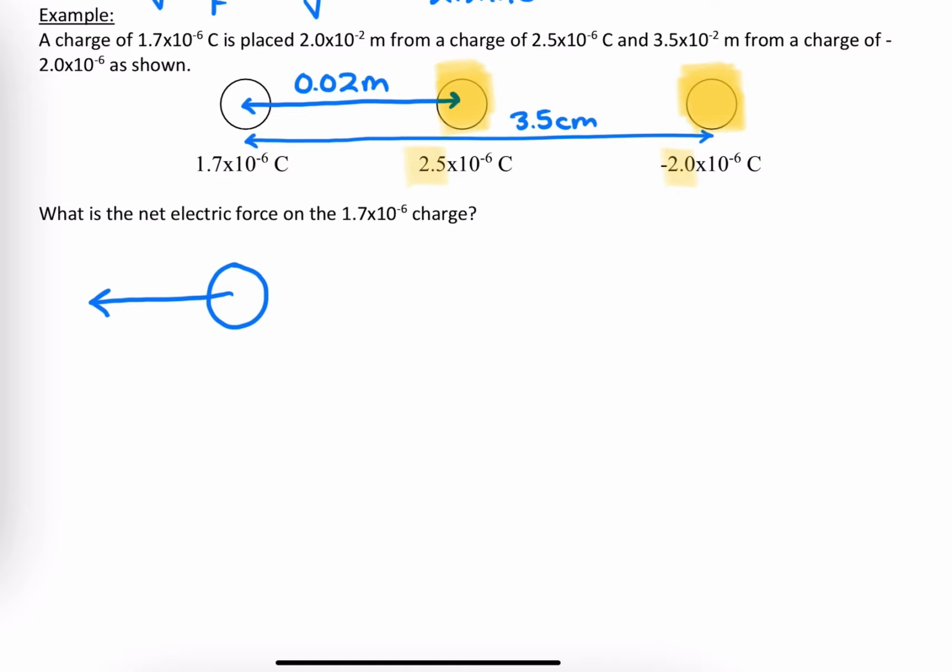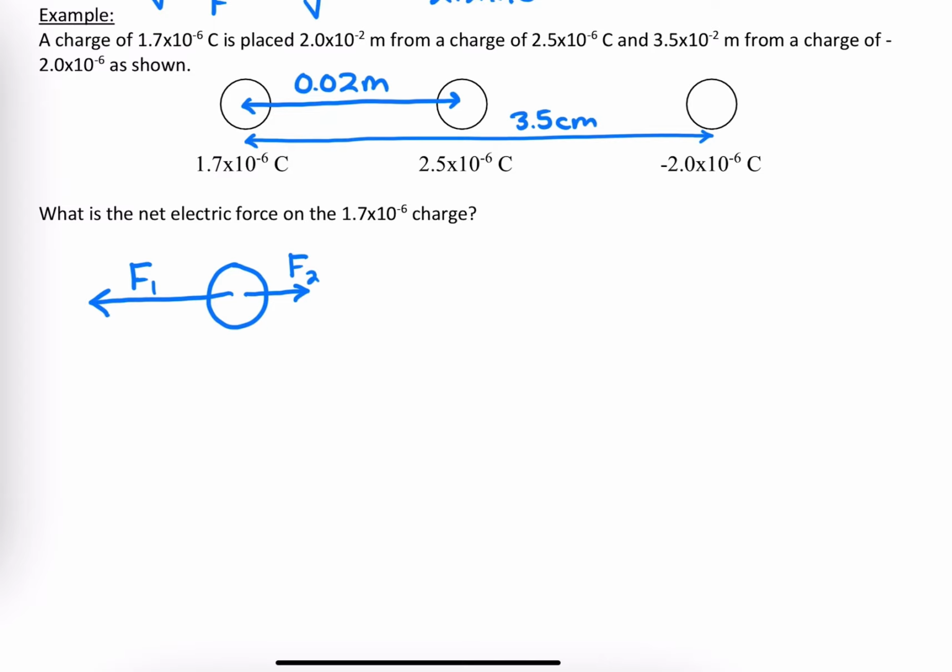So both of those signs suggest that the push I'm getting from the close charge is going to be much stronger. Stronger because it's closer and stronger because it has more charge than the pull I'm getting from the far away charge. So although it's not necessary at this point, I'm going to represent that in my free body diagram by making the arrows different lengths. And let's just call these two forces F1 and F2.